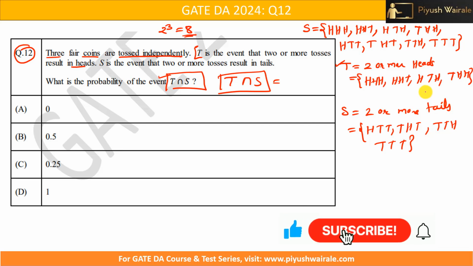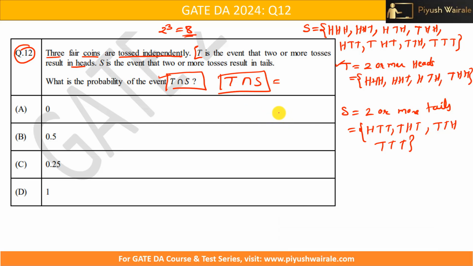In any case, both cannot be satisfied because we are tossing three coins here. So T intersection S is the empty set. There are no favorable outcomes because there is no common element. So the number of elements in T intersection S is 0, and the probability of the event T intersection S is 0. That is option A.